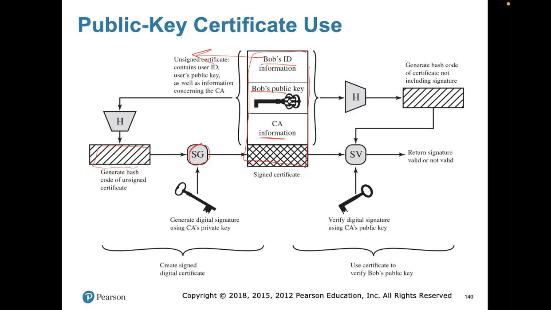Bob receives this, generates another hash out of these three, decrypts the hash portion received from the CA, and compares them. If they match, everything is okay, and Bob can trust Alice's public key and will be using it for decrypting information.